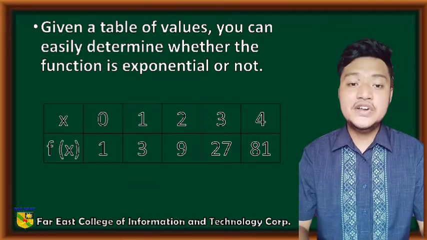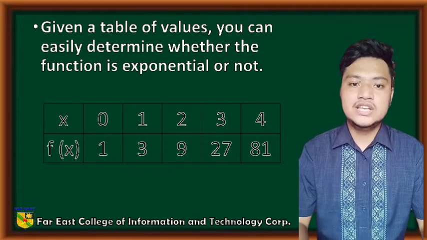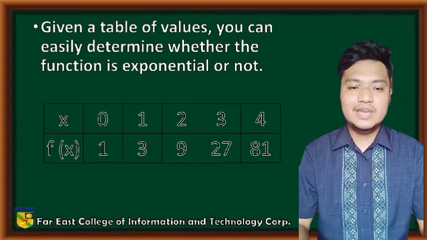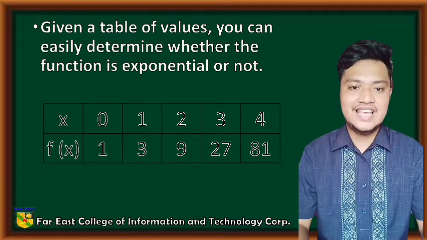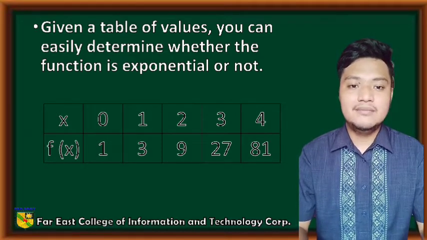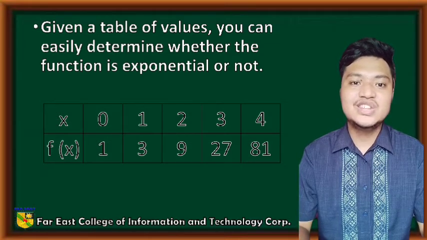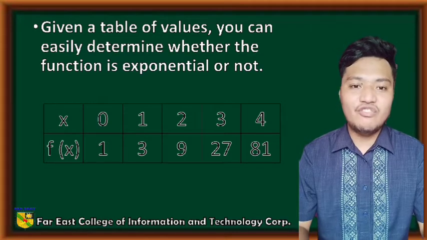So here is an example of a table of values. In this table, we have the value of x and the value of f of x. The values of x are 0, 1, 2, 3, and 4.